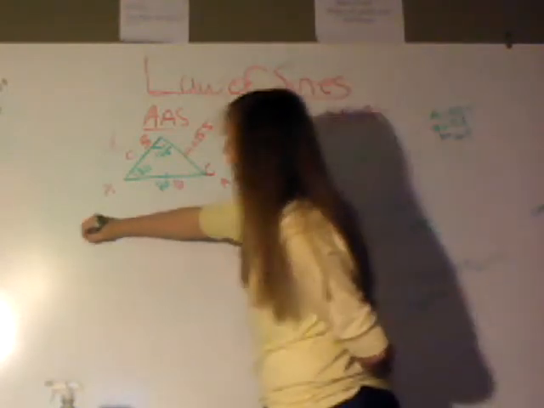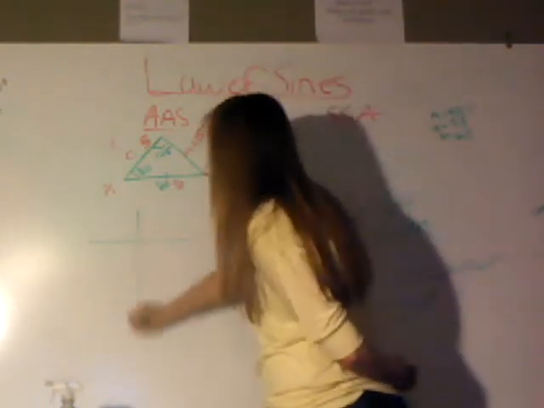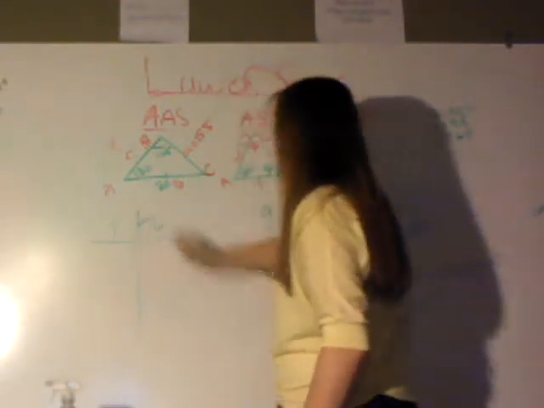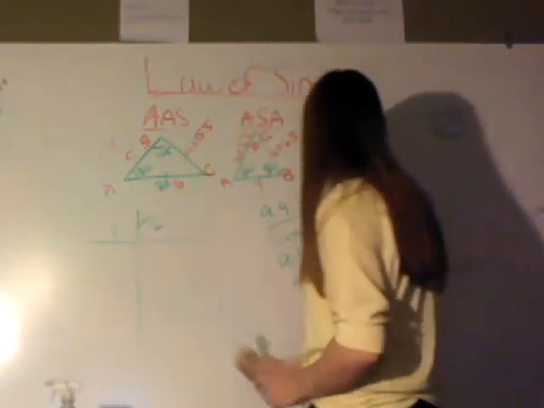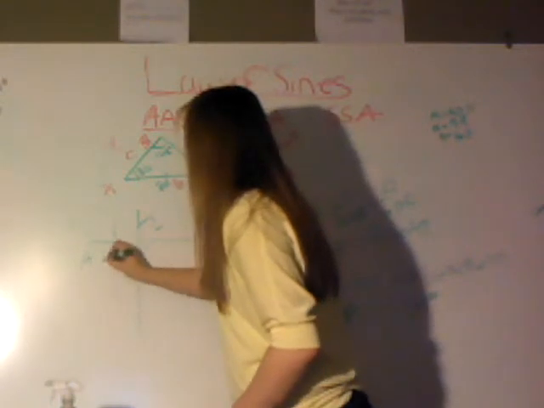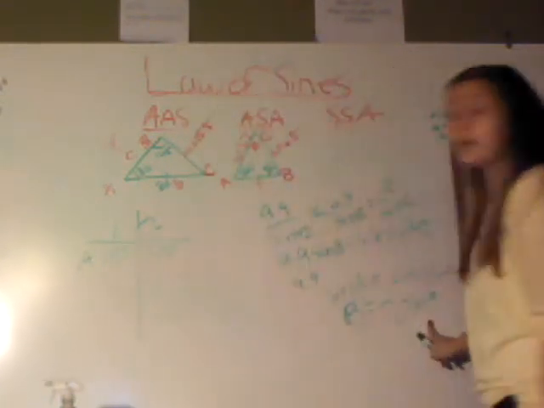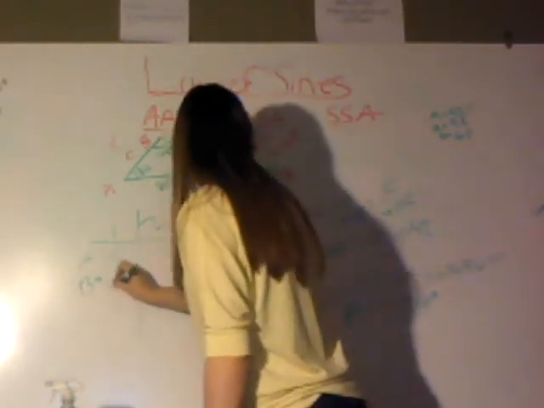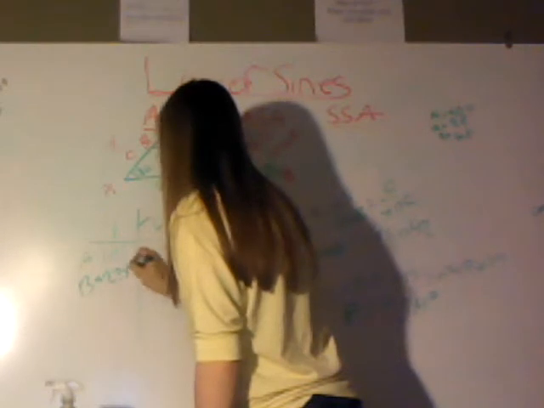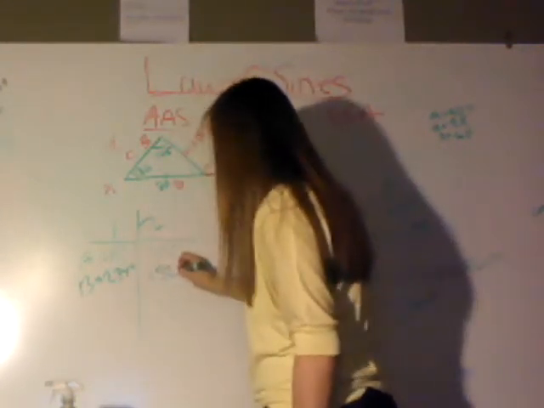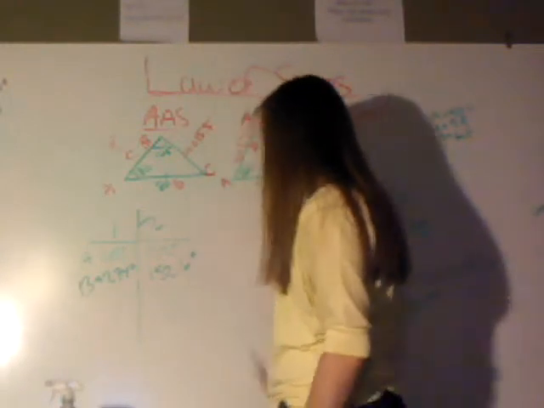We are going to start a chart right here to keep track to decide if there is 1 or 2 triangles. So we already have A as 42 degrees on both triangles. Now here we just solved for triangle A, so B is 27.4 degrees, and the supplementary of that is 152.6 degrees.